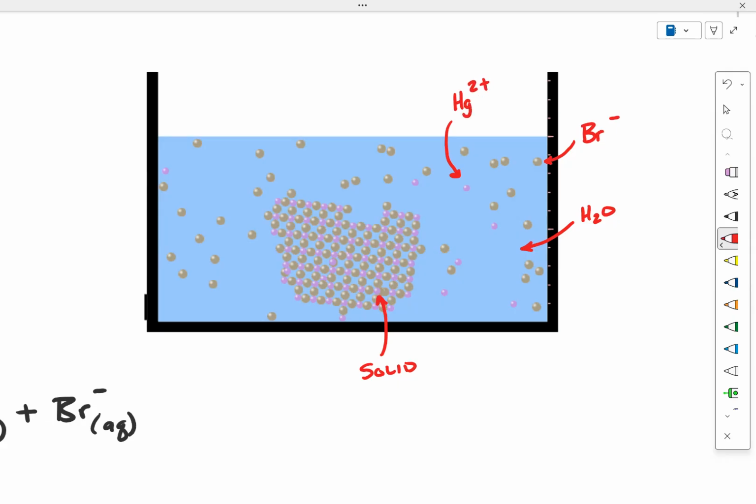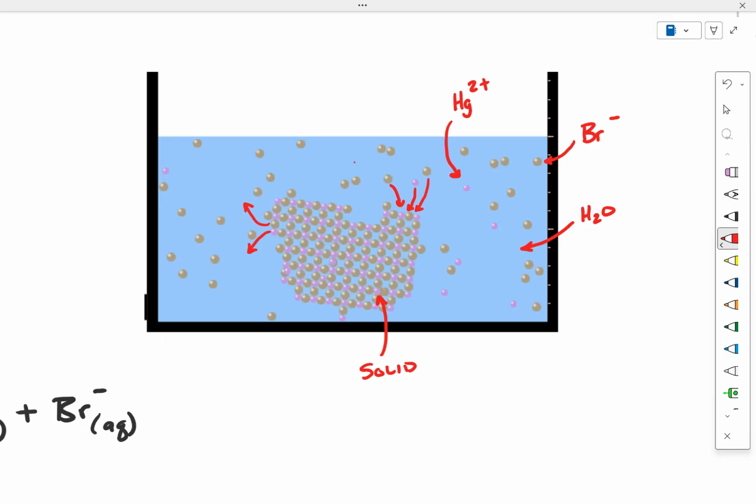We can visualize that some of these floating ions may come together in just the right way that they will stick onto this crystal and grow the crystal a little bit in a process that we call precipitation. But at the same time, in another place, some of these ions may come apart and get back into the water and become aqueous ions.